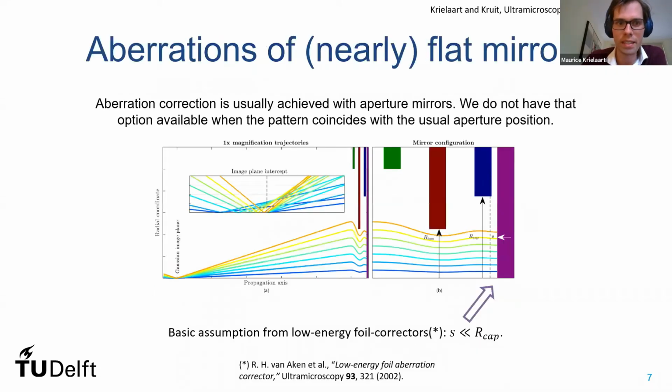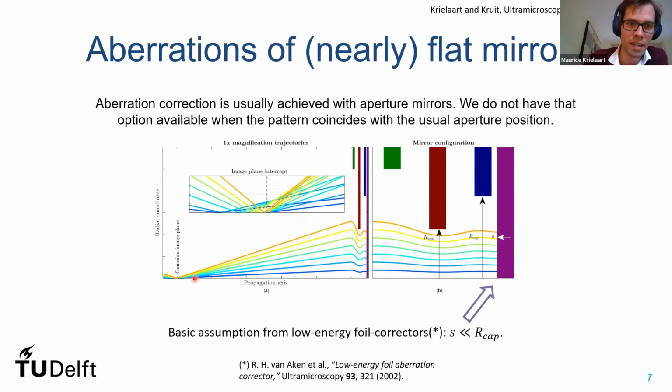If you take the situation here where I show a lot of rays coming from a Gaussian image plane spreading out over the flat mirror, which is the purple element, with the lens in front, and just these three elements in front. You must think of them as electrodes with an aperture in them. So this is all rotationally symmetric about the horizontal axis. You can set the potentials just such that you get one times reflection.